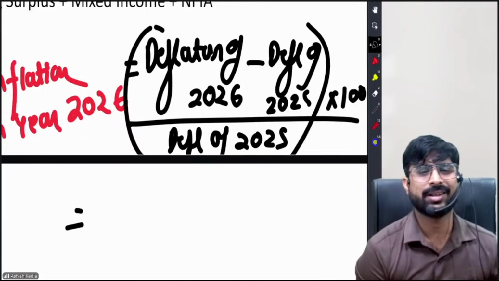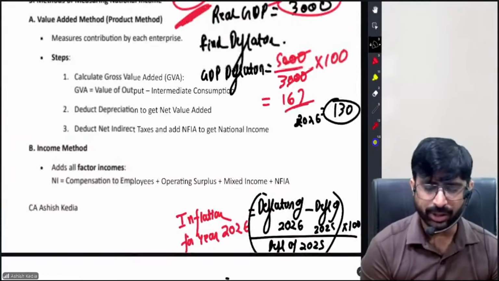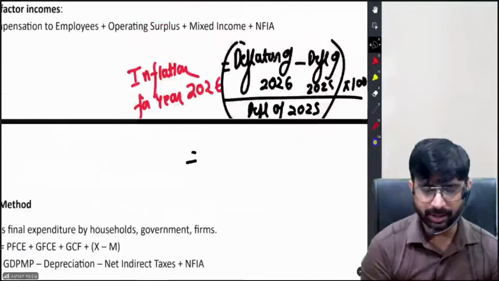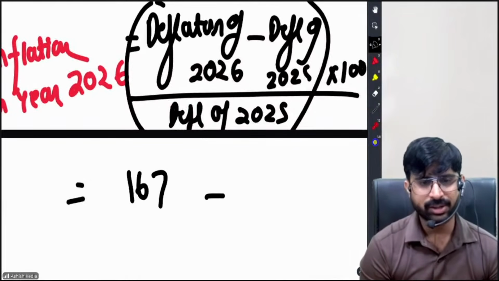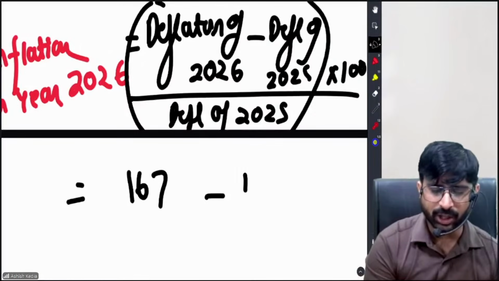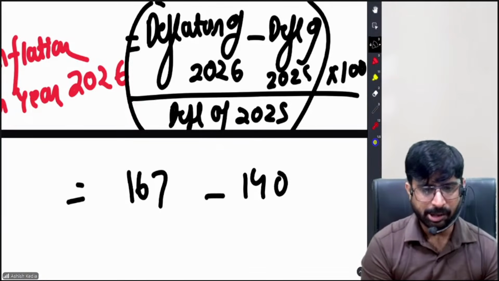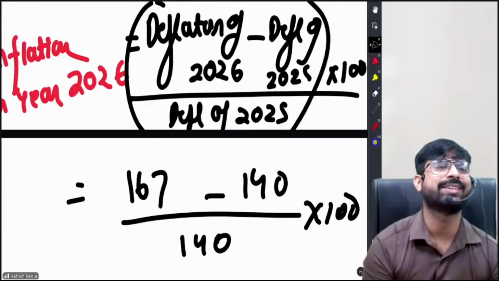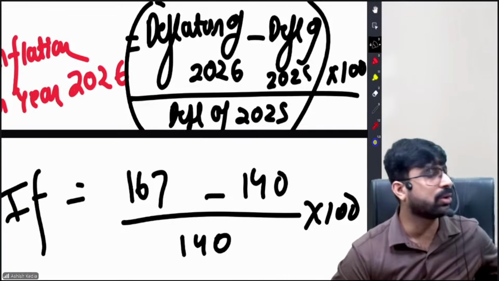So class, deflator for year 26, how much did we find just now? 167. Let me write down 167 for 26. Similarly, you can compute the deflator of 25. Suppose the deflator of 25 is 140, so 167 minus 140 by 140 into 100. This is how inflation is computed in a particular year.